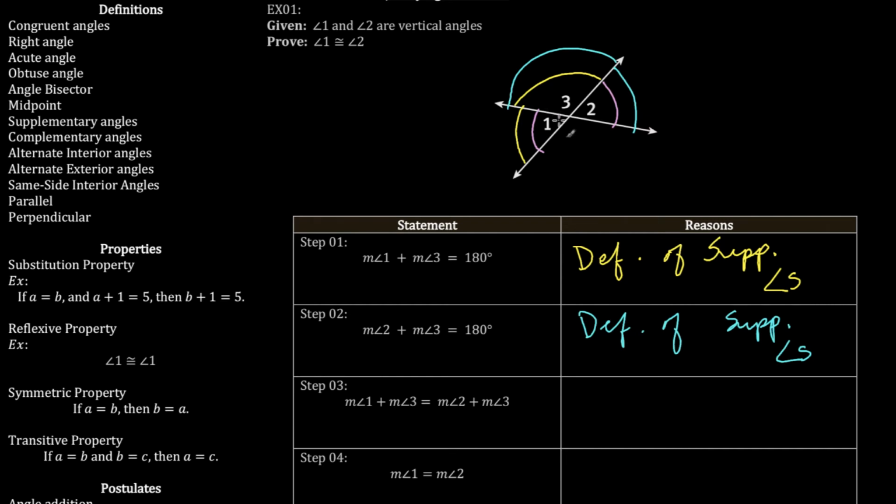Okay, so let's try to figure out how we got to this point. We know it's true. We know that if 1 and 3 are 180 and 2 and 3 are 180, then we know that 1 and 3 should equal 2 and 3.